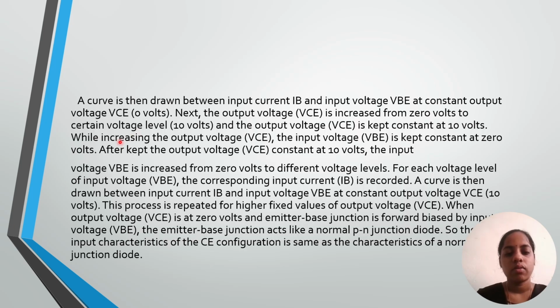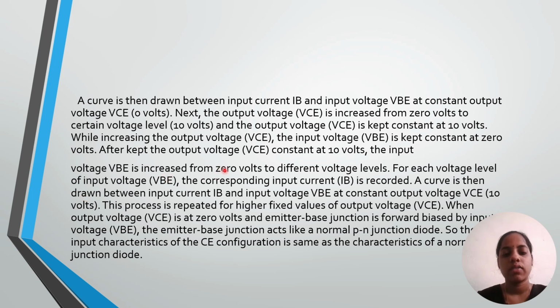The voltage VBE is increased from 0 volts to different voltage levels at constant output voltage, as we saw in the previous slide.